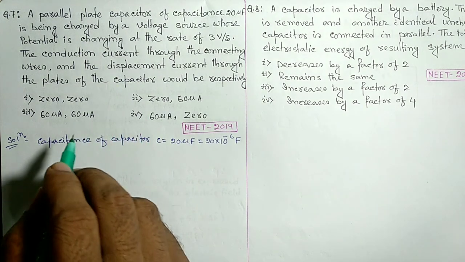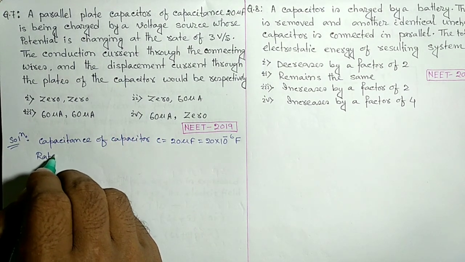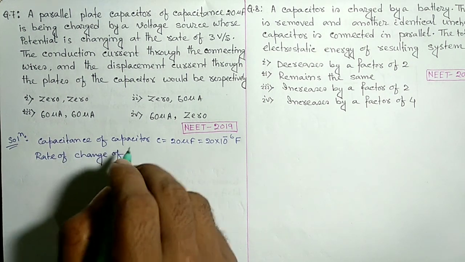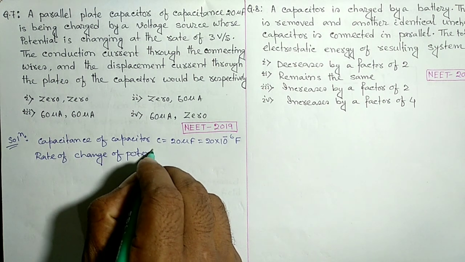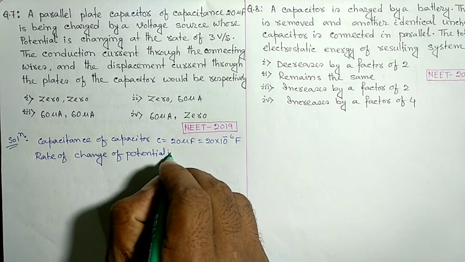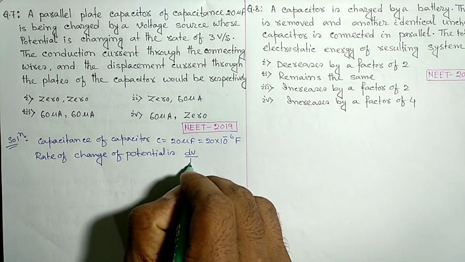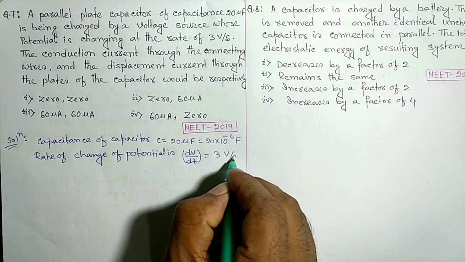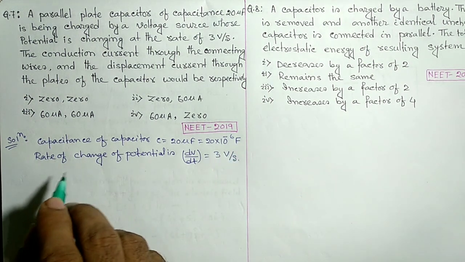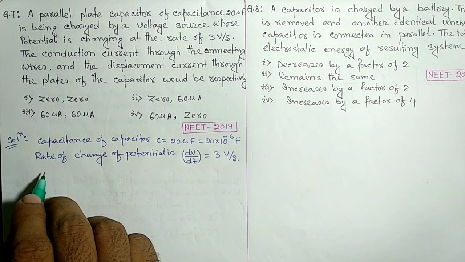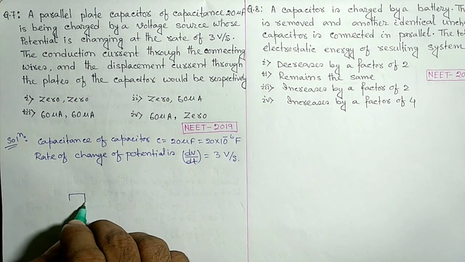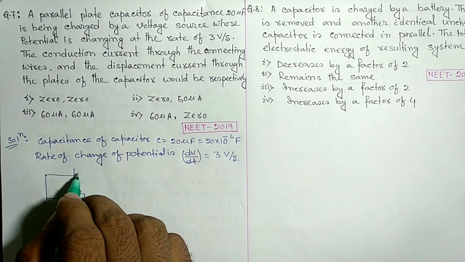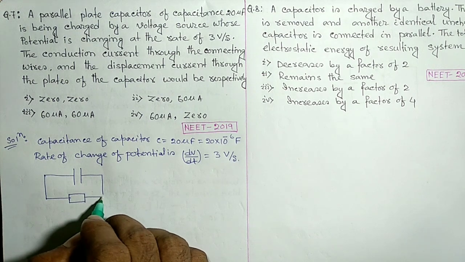The rate of change of potential is dV by dt, which equals 3 volt per second. Now suppose this is the voltage source. Now it is connected with a capacitor like that.